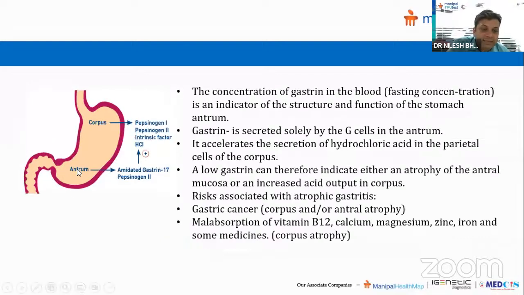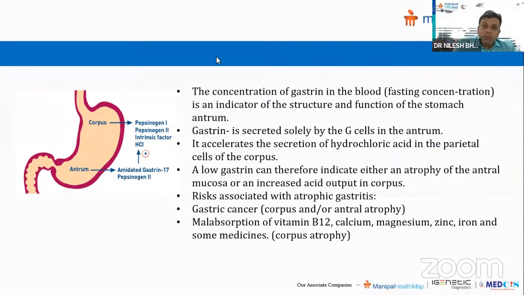Similarly, gastrin is secreted by the G cells of the gastric antrum, and it acts on the parietal cells to secrete HCl. So gastrin level can be decreased in cases of atrophic gastritis. In a way, we can detect atrophic gastritis by measuring the levels of gastrin, pepsinogen 1, and pepsinogen 2.